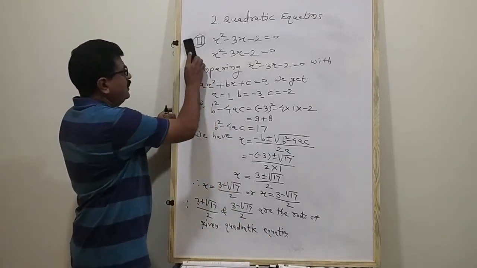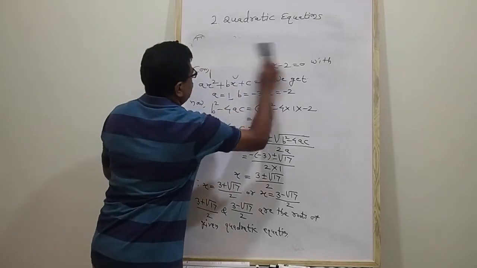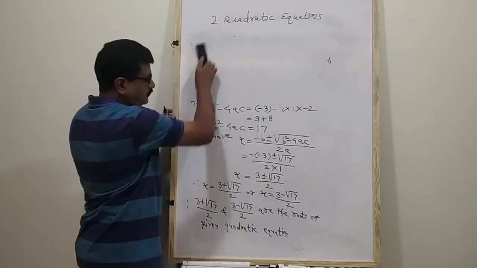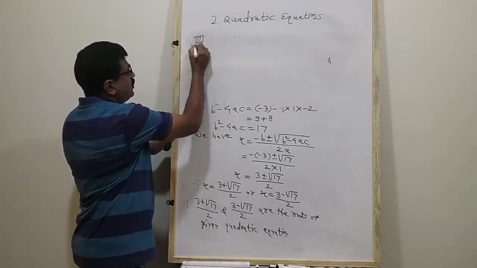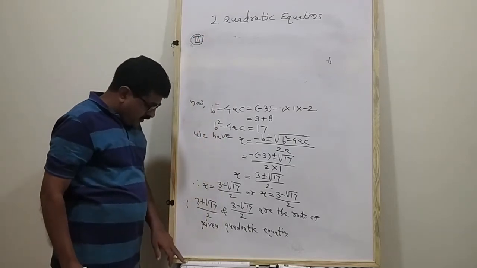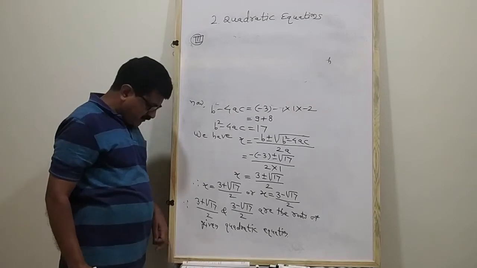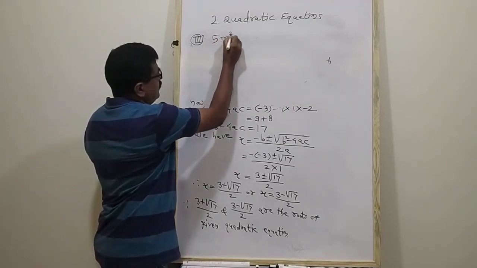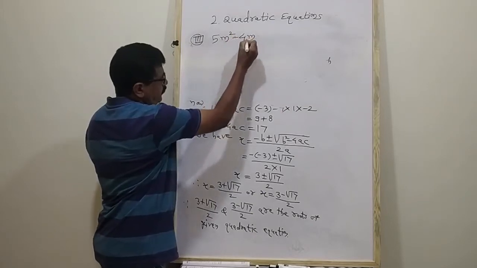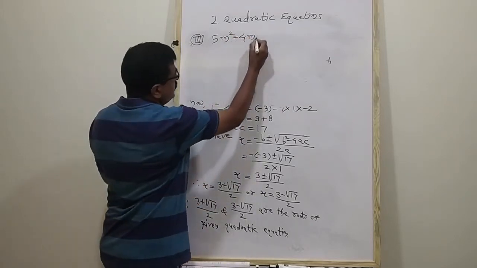Now, example number 3. 5m square minus 4m minus 2 is equal to 0.